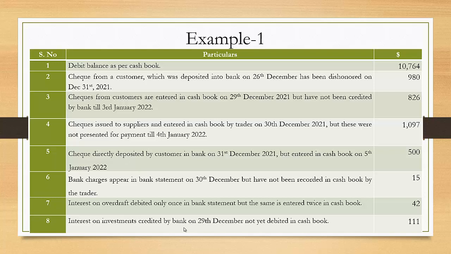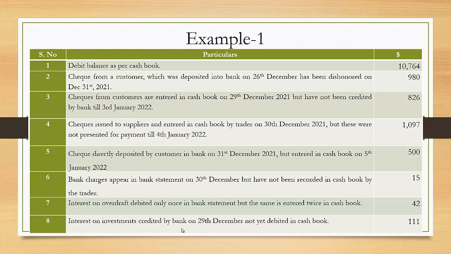If you look at serial number 3, it says that checks from customers are entered in the cash book on 29th of December 2021 but have not been credited by the bank till January 2022. So when we record a check in our cash book and later deposit this check in our bank account, we assume that this amount will be reflected in the bank.